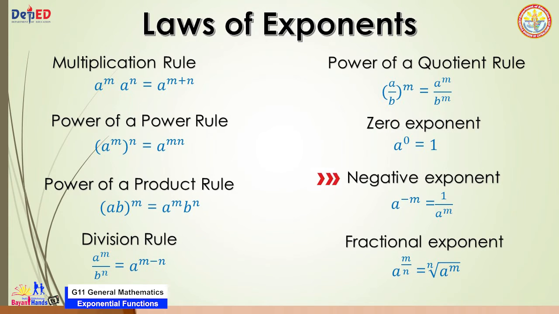Negative exponent. a raised to negative m is equal to 1 over a raised to m. If you raise a base to a negative exponent, just get its reciprocal. Fractional exponent. a raised to m over n is equal to the nth root of a raised to m. In the fractional exponent, the numerator becomes the exponent of the radicand and the denominator is its index.